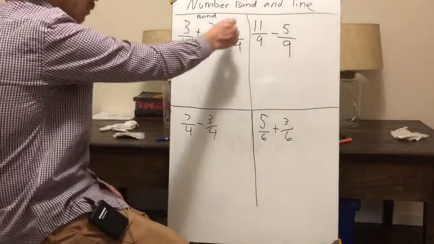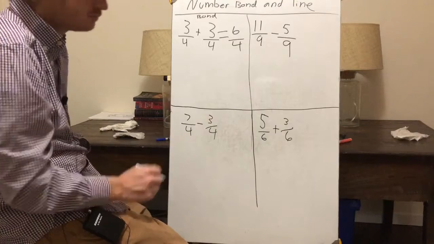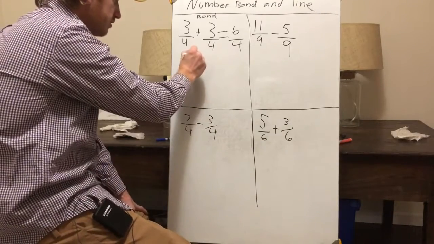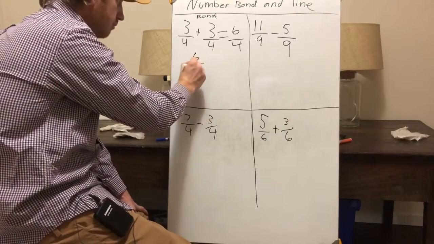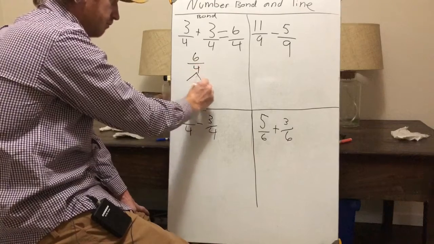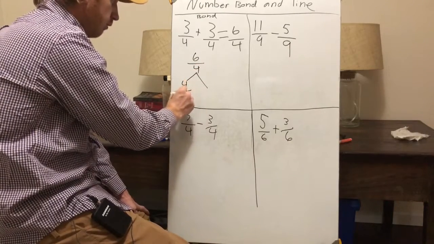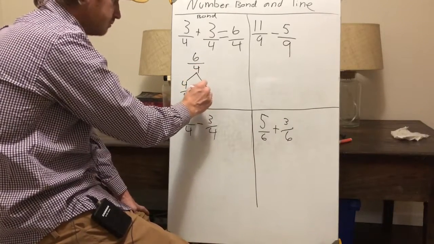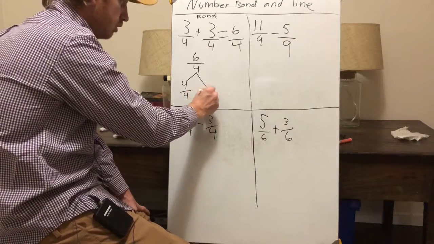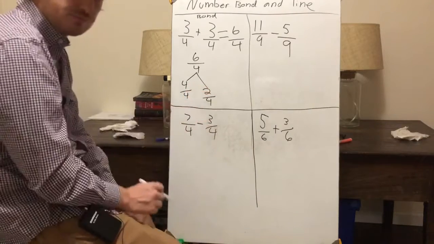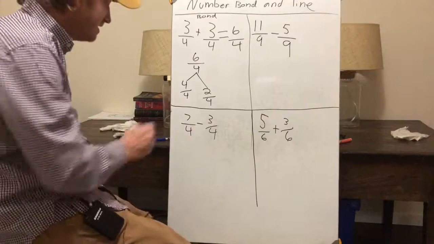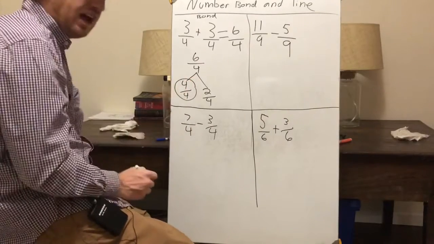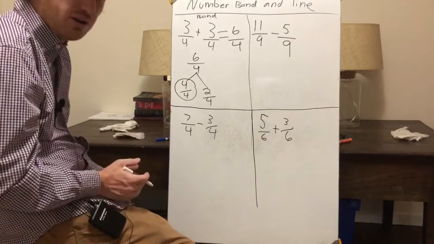But if we wanted to use a number bond, we could actually break that fraction down so that it wouldn't be a compound fraction anymore. We take 6/4, and we can break that into 4/4 and 2/4. And 4/4 is the same as 1.